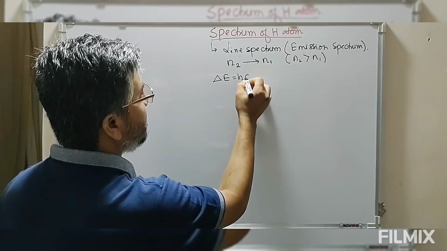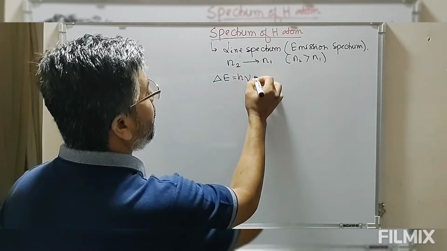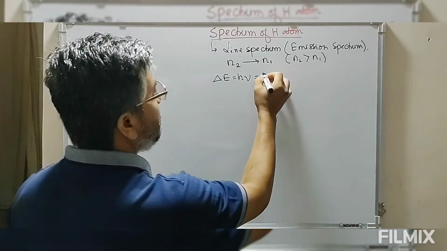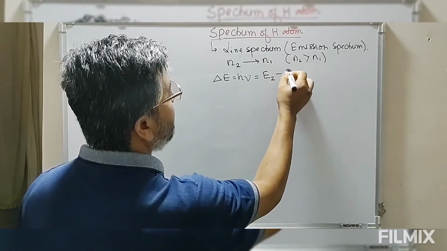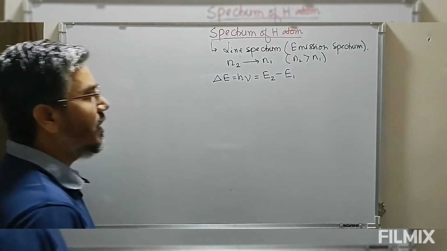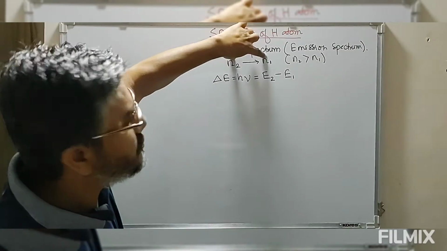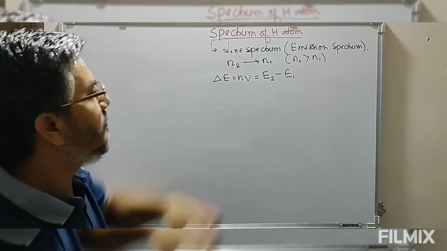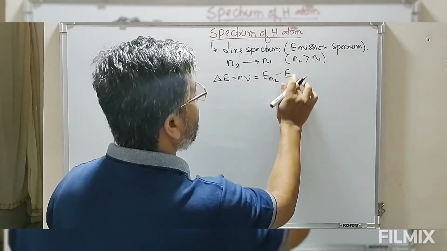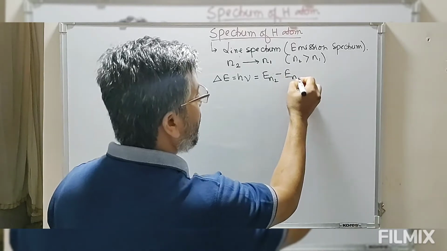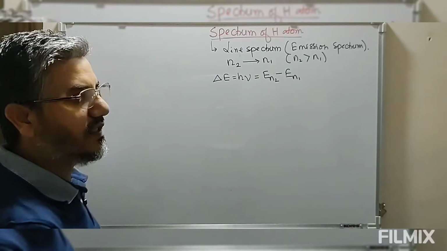So this is h nu, which equals the energy difference between these two, E2 minus E1. How much energy will be released equals the difference in energy between these two levels. Suppose the energy of the electron in n2 is E_n2, and the energy at n1 is E_n1. So the energy difference must be in the form of electromagnetic radiation.